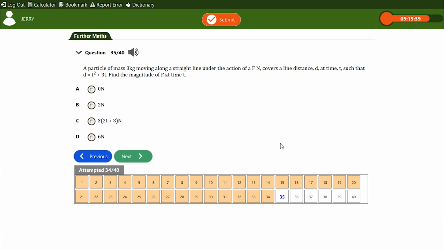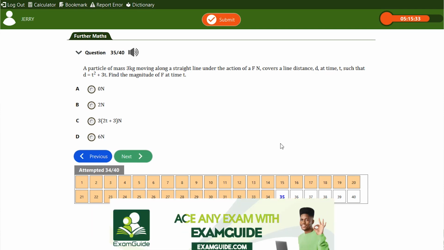A particle of mass m is moving along a straight line under the action of a force F. It covers a distance d at time t such that d equals t squared plus 3t. Find the magnitude of F at time t.